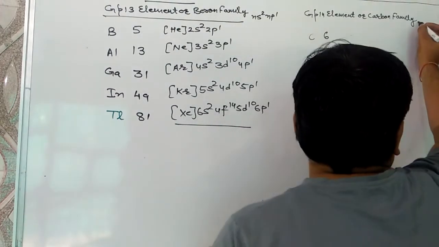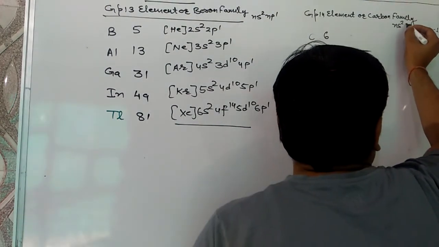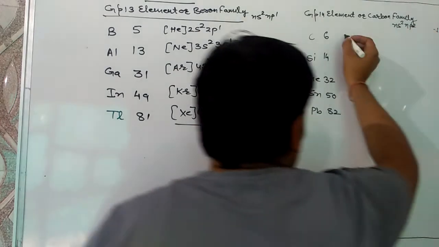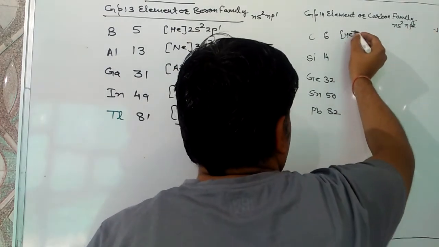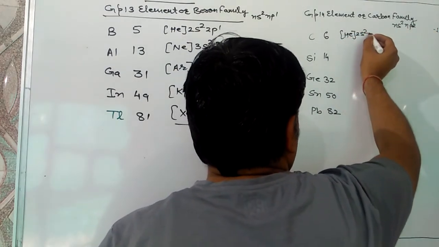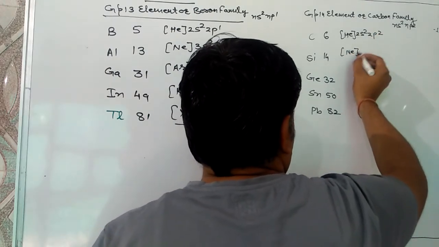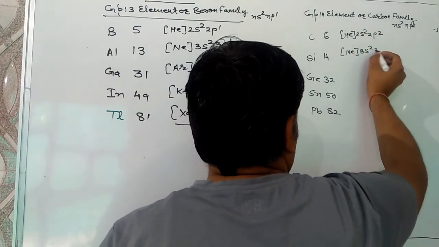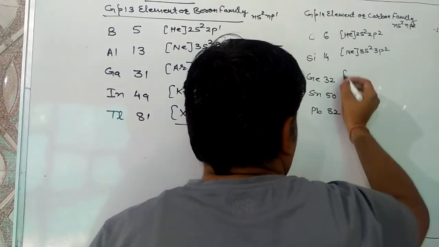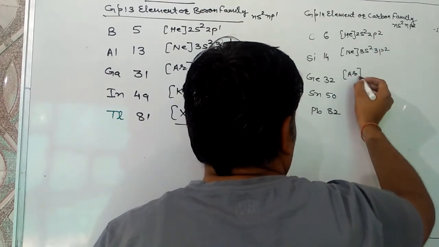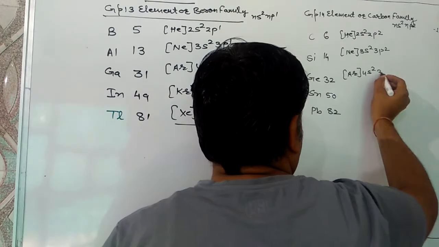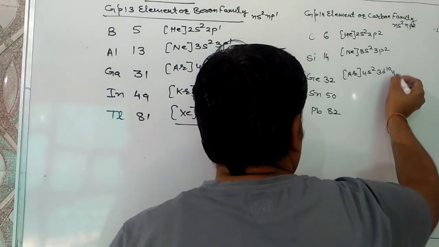Outer shell configuration is ns2 np2. So for carbon it will be helium 2s2 2p2. For silicon, it will be neon 3s2 3p2. For germanium, it will be argon 4s2 3d10 4p2.